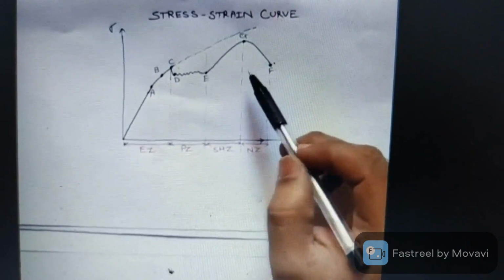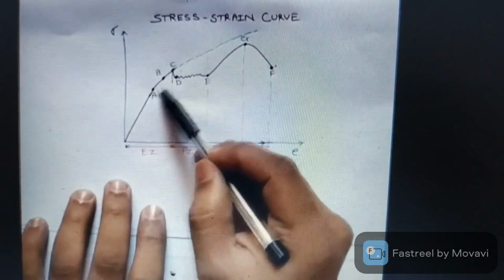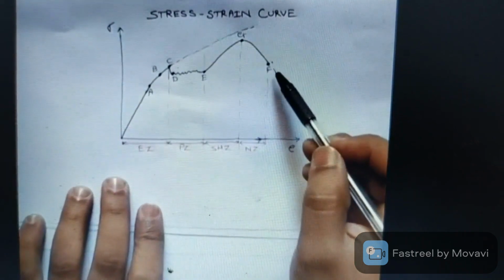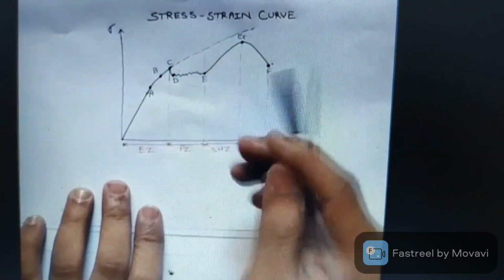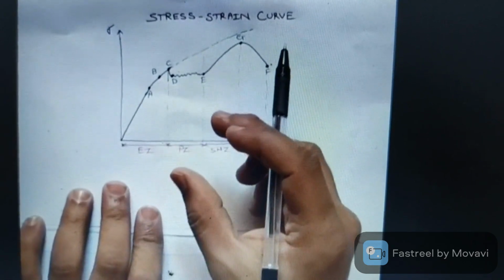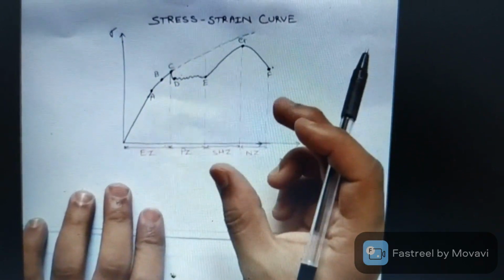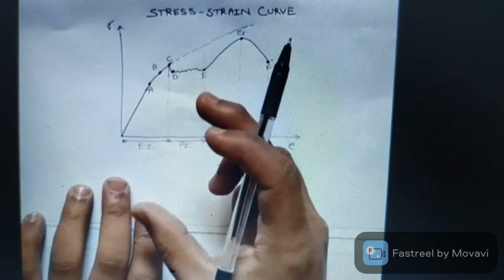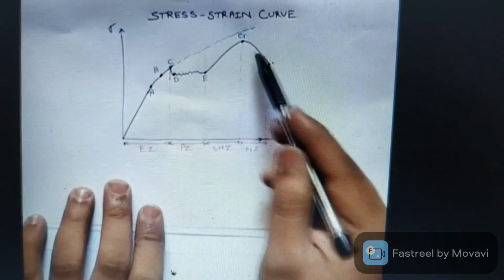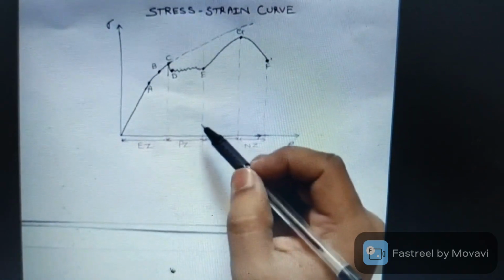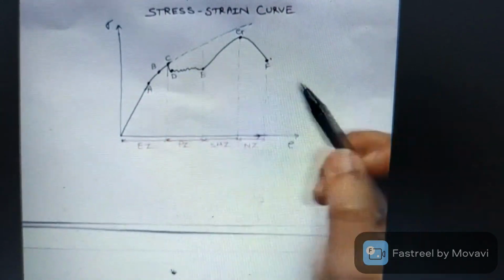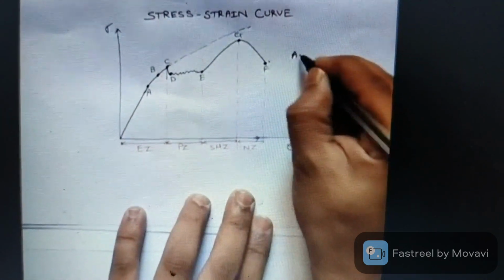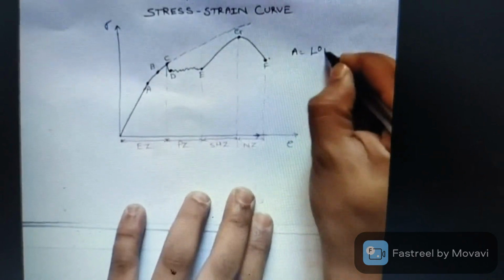This is the curve which we obtain when we put the specimen on the universal testing machine and pull that job under the load. Now in this curve, this point A is called the limit of proportionality.